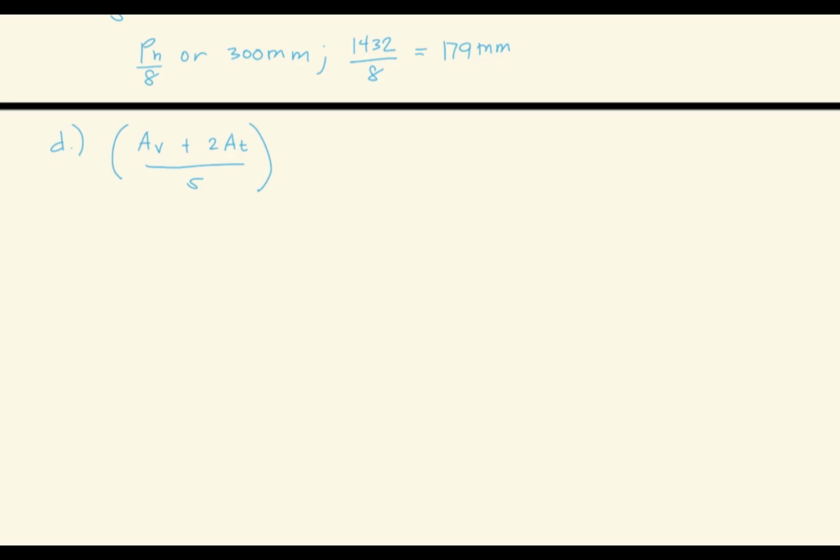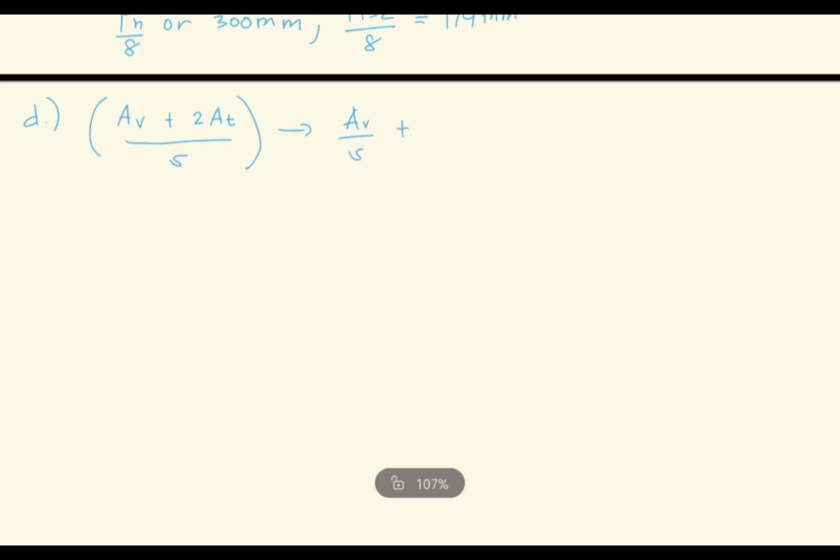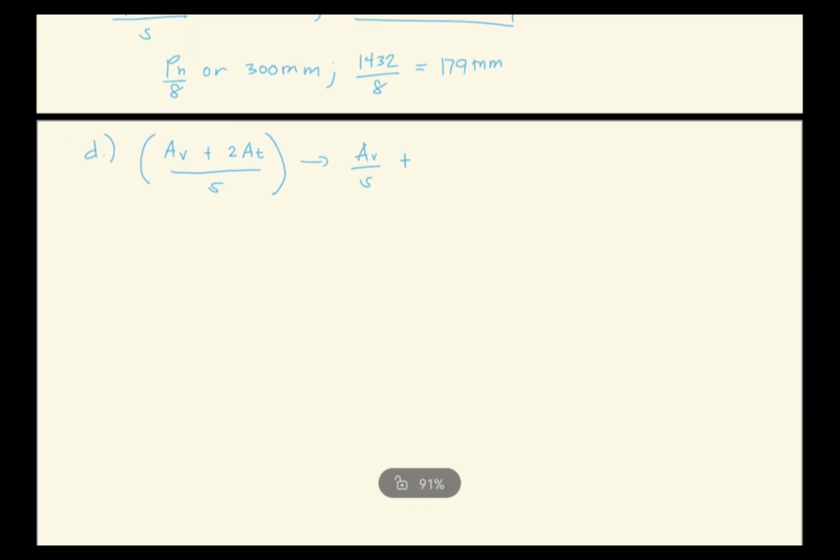We have to determine the values of this expression. We can get Av over s from shear, because this term refers to shear, while the second expression refers to torsion.